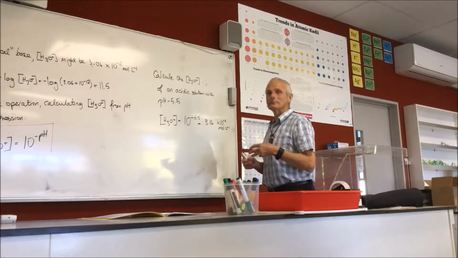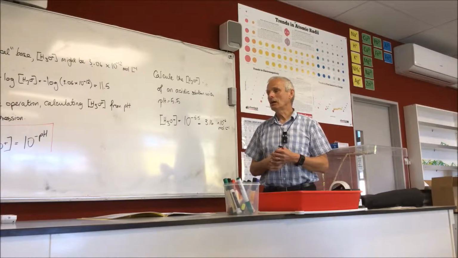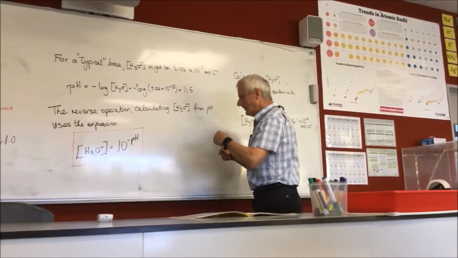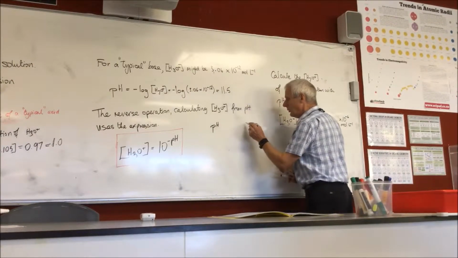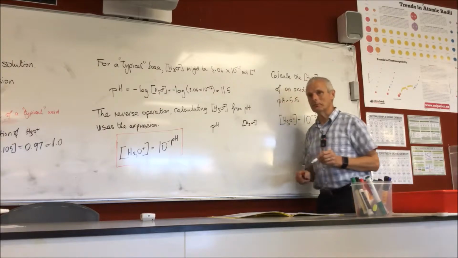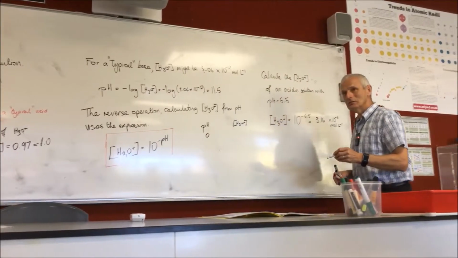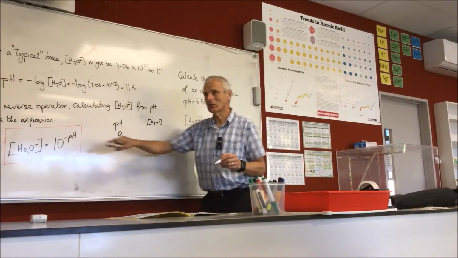Now, to give you a feel of what the pH scale is about, if we write out the pH value, you can do this as a little table, and then put the concentration of H3O+ in the next column. And I want you to do pH of 0. I want you to calculate this. So you're going to use this expression.